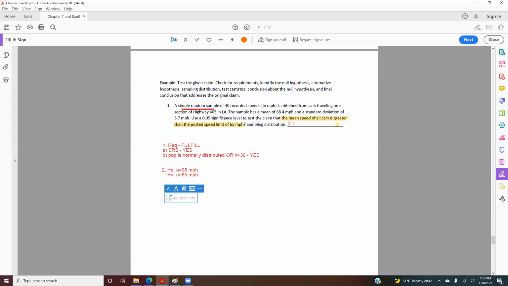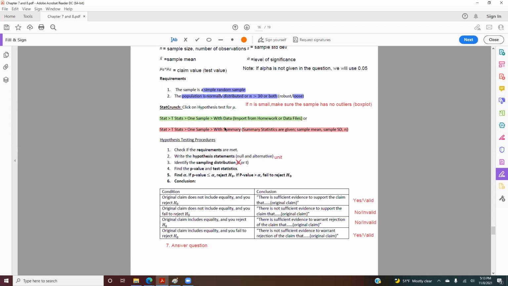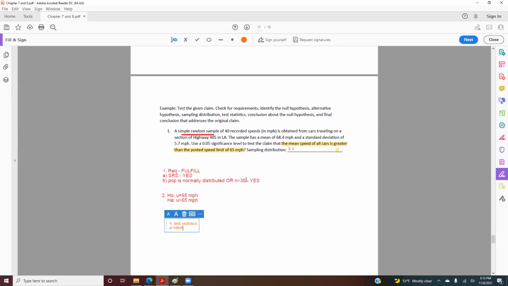So you need to find your test statistic and your p-value. So in order for us to find your test statistic and p-value, you go to your StatCrunch. But which one are we doing, with data or with summary? Summary.